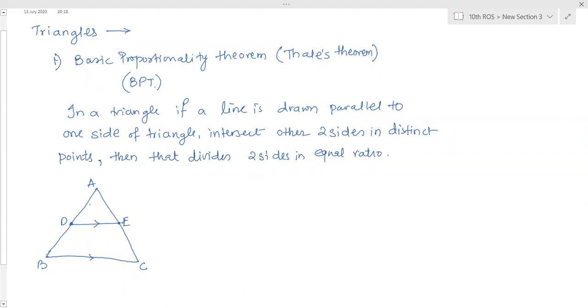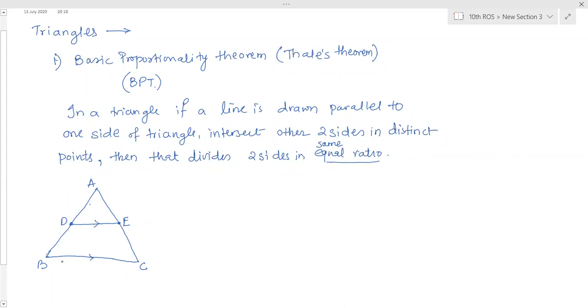So the ratio is AE is to EC. AD by DB ratio and AE by EC ratio are always equal, the same ratio. The ratio in which this DE divides the two sides are equal. So this is the meaning of this statement, which is called basic proportionality theorem, BPT.